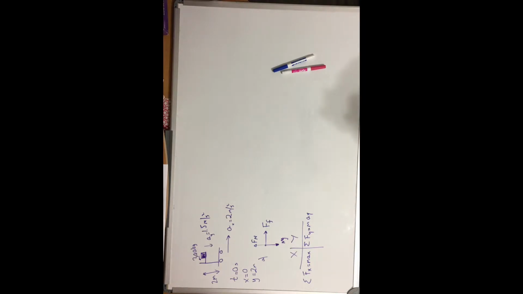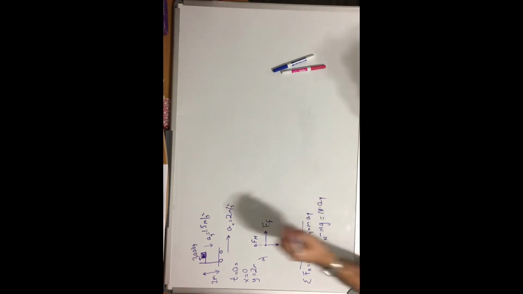Alright, since they're asking for the normal force, I need to deal with the y components. I have only two forces acting on that axis. My upward force is Fn, and my downward force is mg, so that's negative, and that's equal to mass times acceleration on the y-axis.